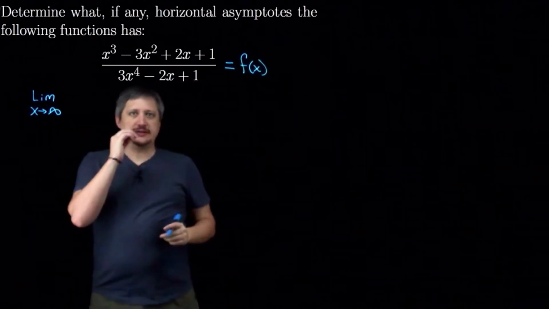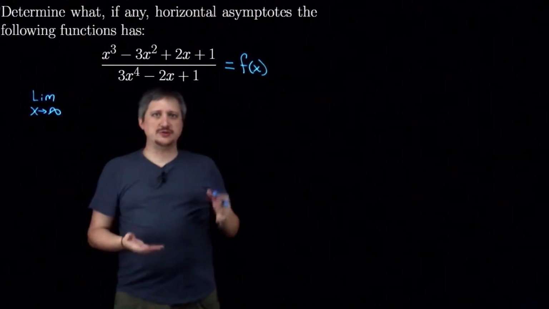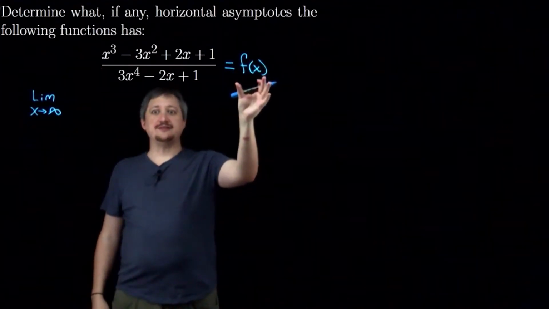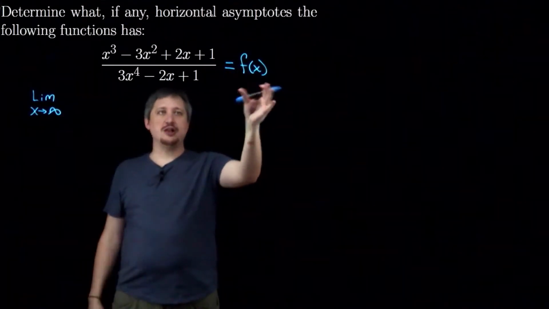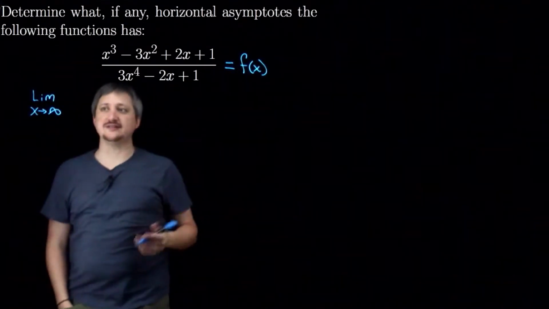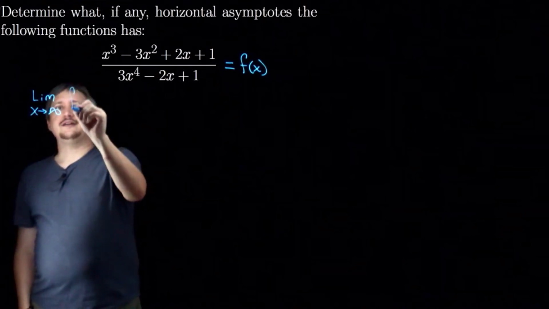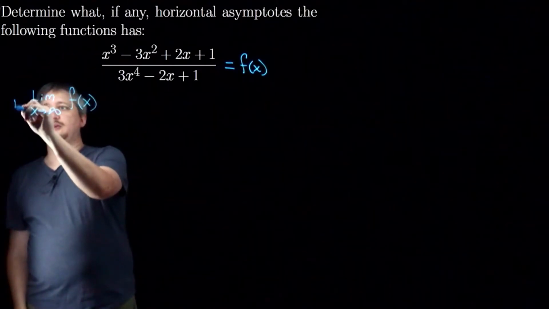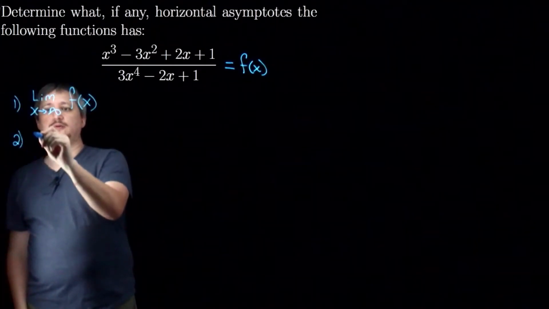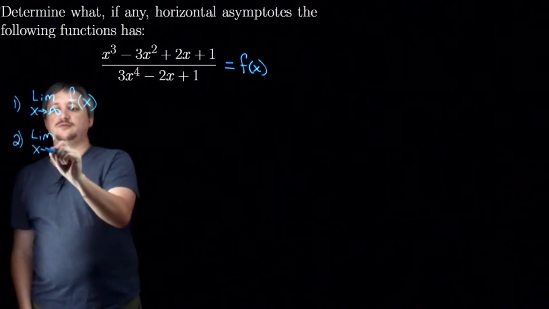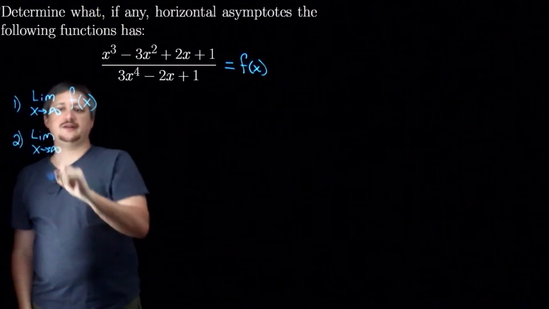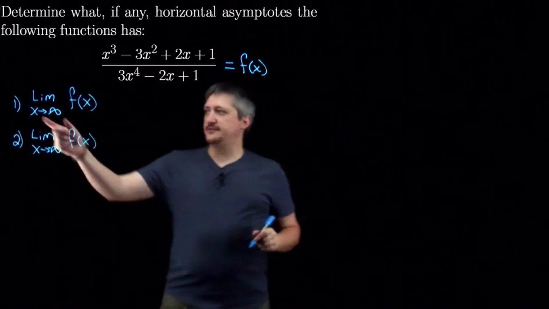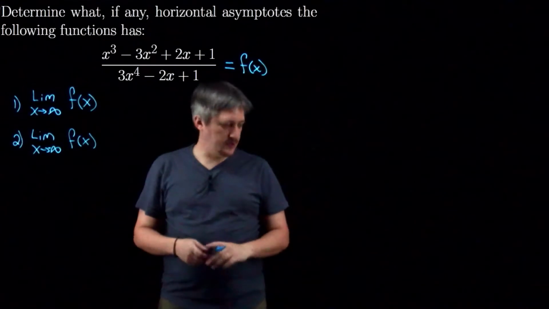This is a perfectly fine thing to do in your own work: you may be given an expression and you can denote it as a function, and say, okay, I'm going to call it f of x for the sake of writing things succinctly. So I'm going to write the limit as x goes to infinity of f of x, and I also want to know the limit as x goes to negative infinity of f of x. So I want the positive infinity part and the negative infinity part.